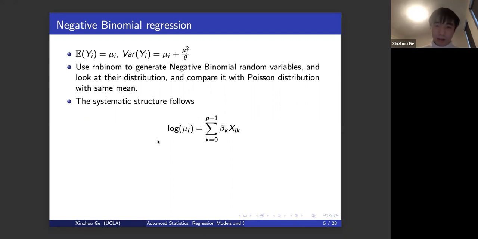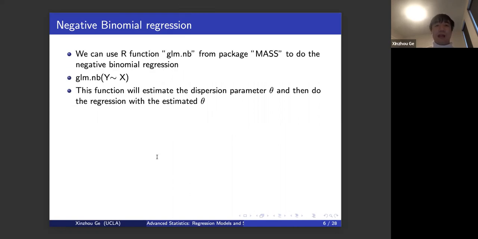So we also take the log of mu_i to make it a linear combination of the predictors. So this will be a formula, and it is very similar to the Poisson regression. Okay, this is about the theory, and we would like to introduce the application of this negative binomial regression model.